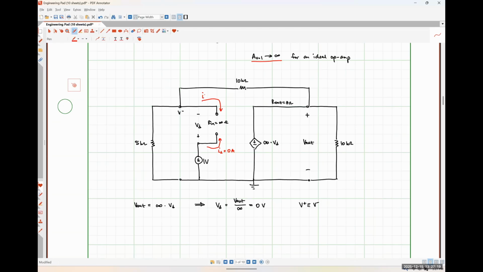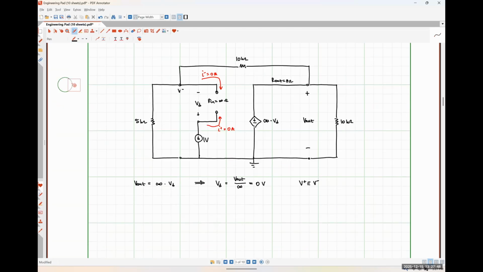Let me write this as I minus the 0 amp, and I'm going to change that one from ID to I plus. So I can very easily see that no current flows into the non-inverting input terminal or the inverting input terminal. All right. So from here, really the only thing that I can do is apply KCL at my non-inverting input node.